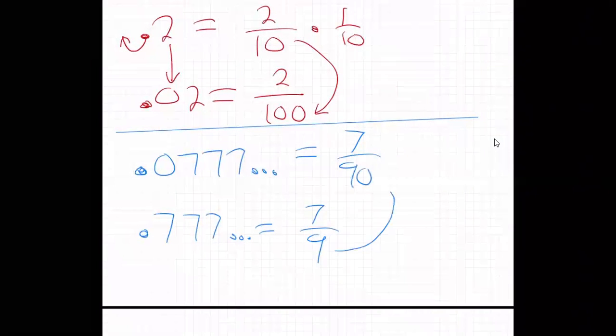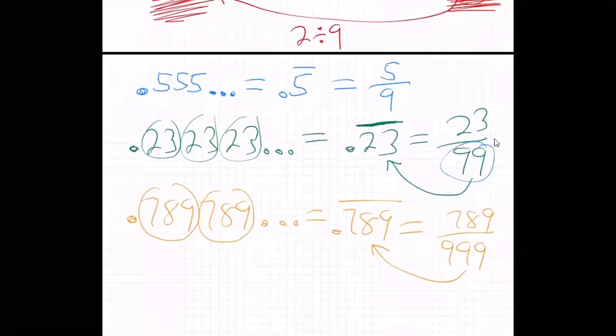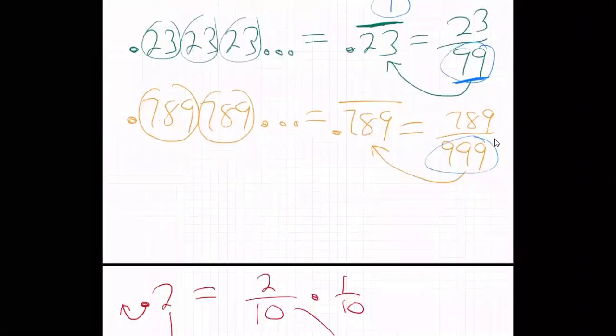7 over 90. You see, you add a 0. It's not 99. What would 7 over 99 be? I'm glad you didn't say that. What would 7 over 99 be? That would be the 7s forever, right? Remember when you have 9 or 99 or 999, those were all the ones we did right here. 99, 99 just repeats the 2 digits, 3 digits forever.